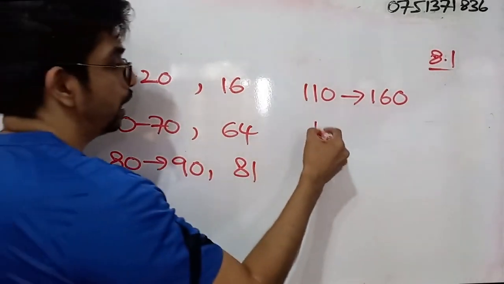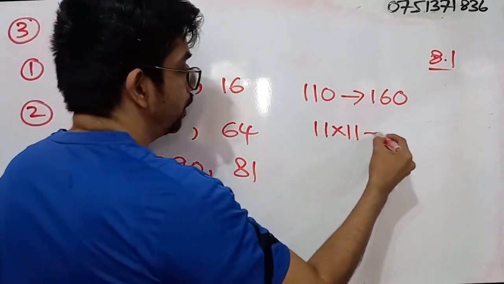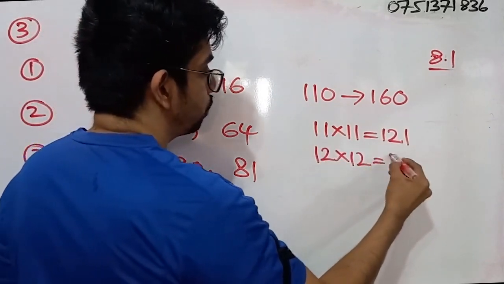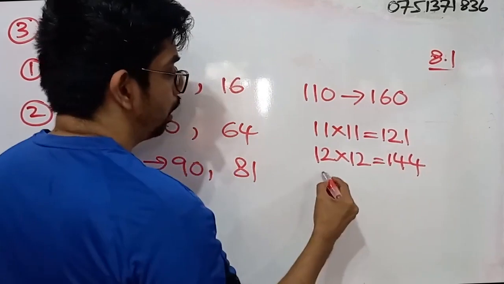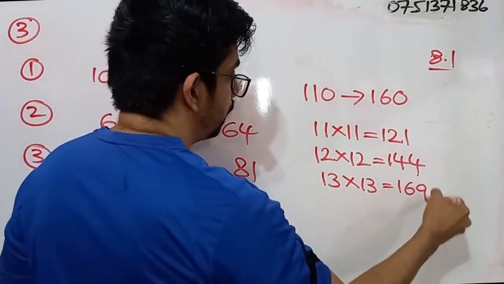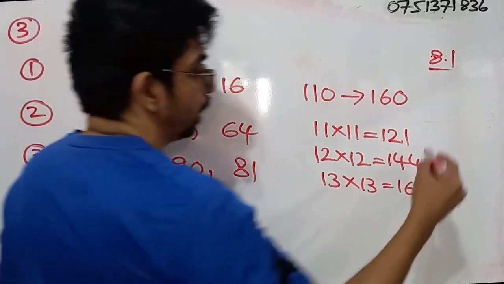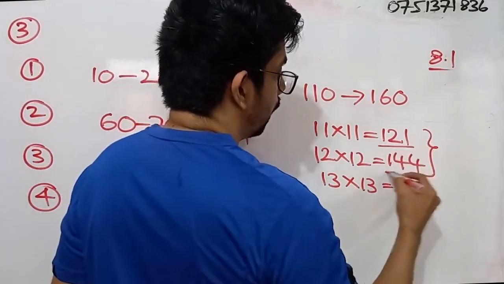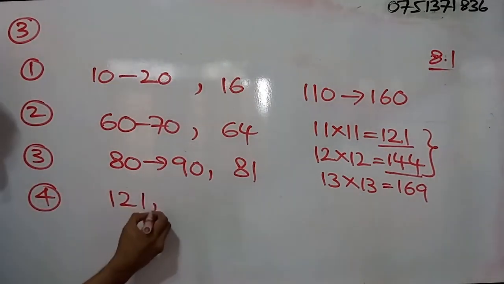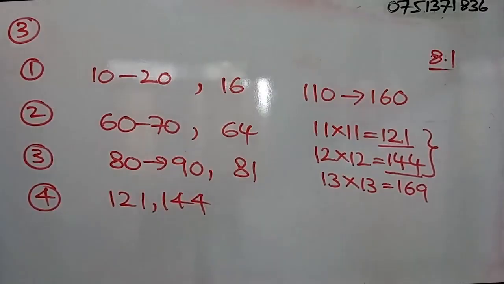So we know that 11 into 11, that is 121. 12 into 12, that is 144. 13 into 13, that is 169. Okay. So actually how many perfect squares do we have? 2, no? 121 and 144.